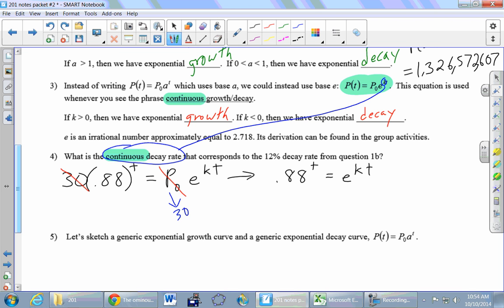Now at the moment our variable k is up there in the exponent. So what do we do to get a variable out of the exponent? It's logs. Now we have a day coming up where we'll really review logs, so this is kind of jumping the gun just a little bit, but I think you've seen it before. So what we're going to do is hit both sides with a natural log, ln.